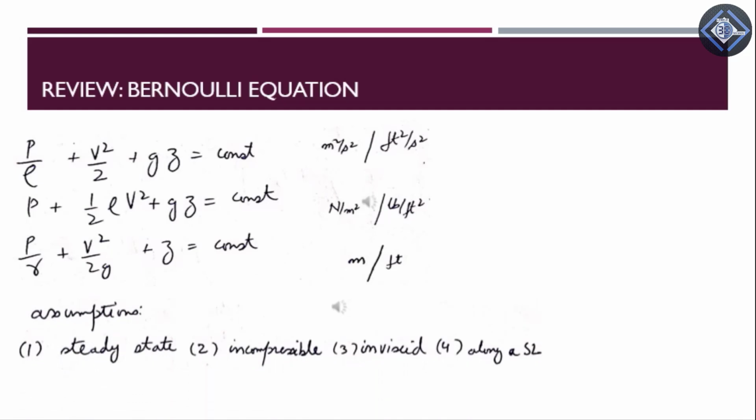In order to apply Bernoulli equation, you must make sure that you apply it under the conditions under which it was derived. While deriving Bernoulli equation, we assumed that the flow is steady state, the flow is incompressible, the flow is inviscid, and the flow is along a streamline, or the 2 points between which the Bernoulli equation is written are along a streamline.